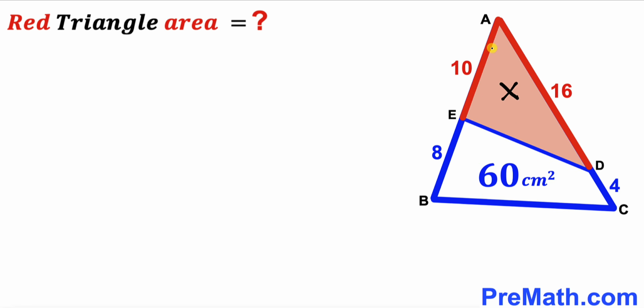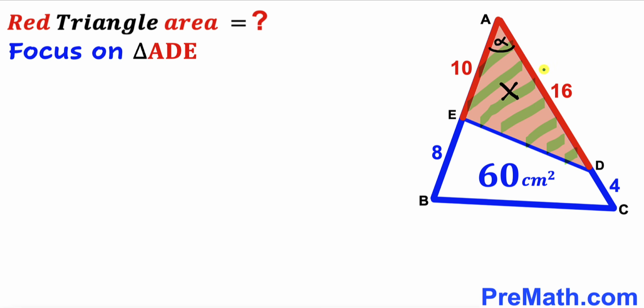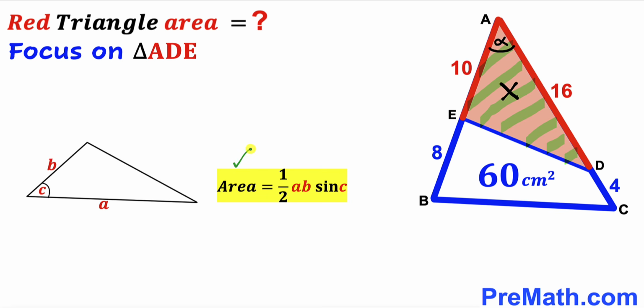In this next step, I am going to label angle BAC as angle alpha. Now let's focus on the red shaded triangle ADE and recall the area of a triangle formula. Area is always equal to a half times a times b times sine of angle C, where a and b are two side lengths and C is the angle in between.